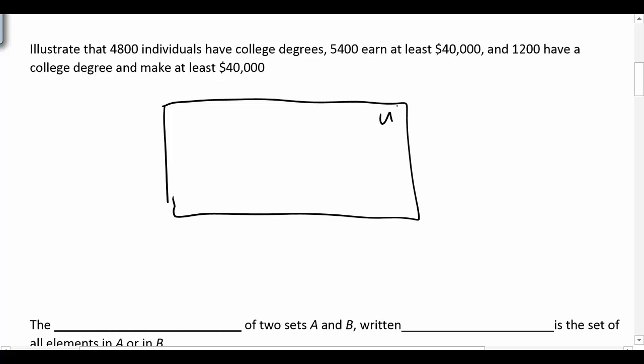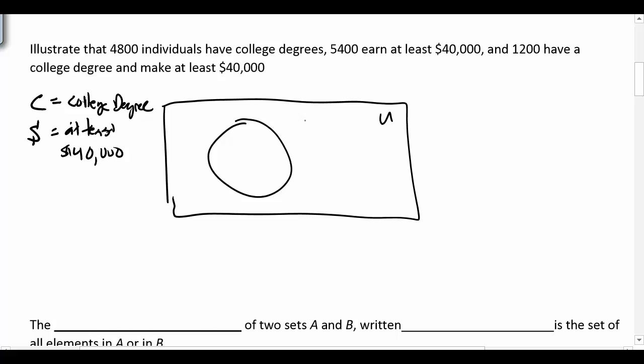This is the world of our problem, and let's do C equals college degree, and S equals at least 40,000. So we have a college degree bubble and a 40,000 bubble.